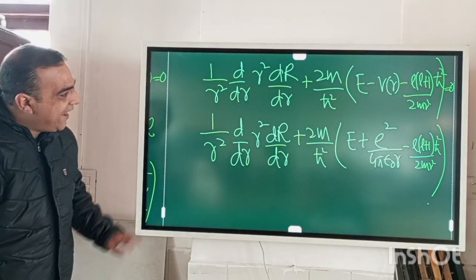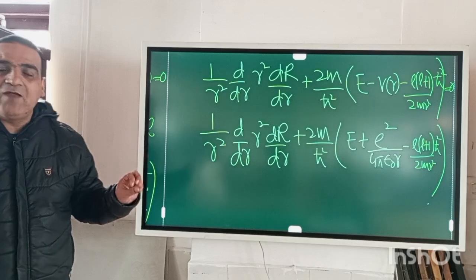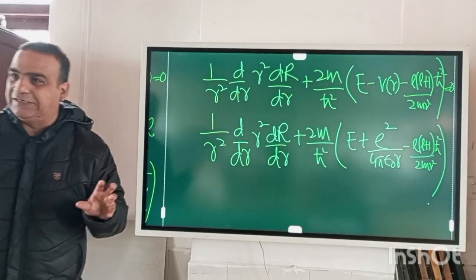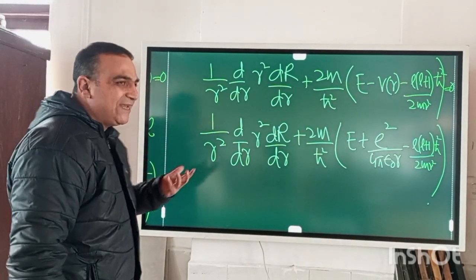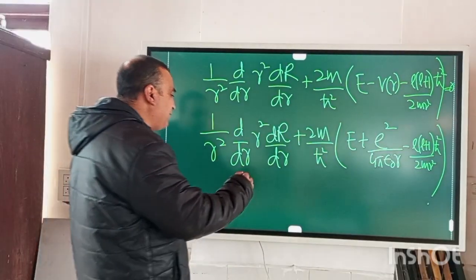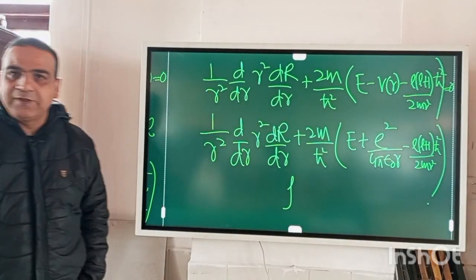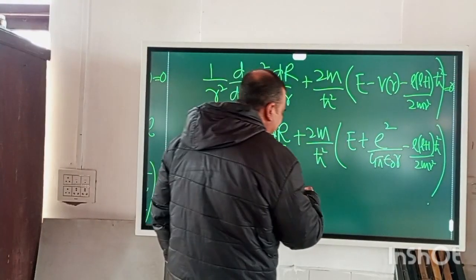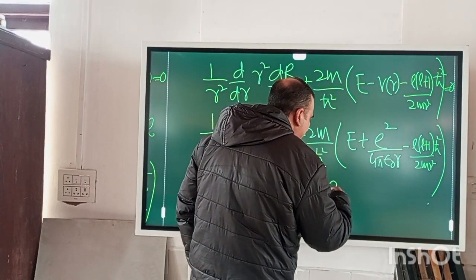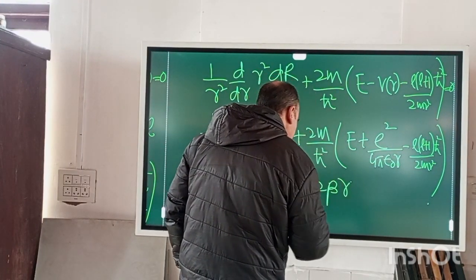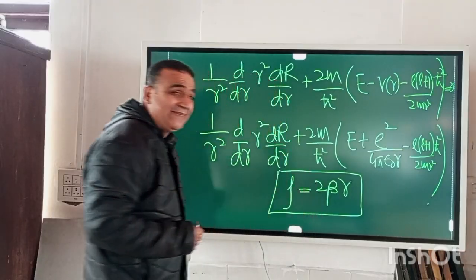Now, again, the things are going like this, and I want to introduce another variable here. Say I introduce a variable like rho. This rho I will take as rho is equal to 2 beta r. Now the question is, what is beta?